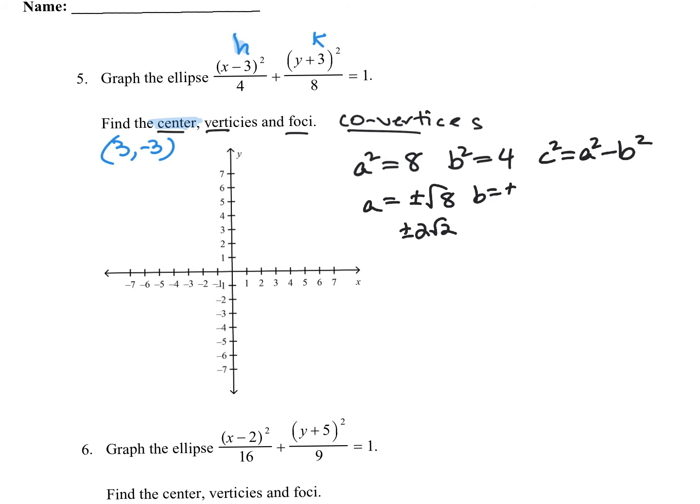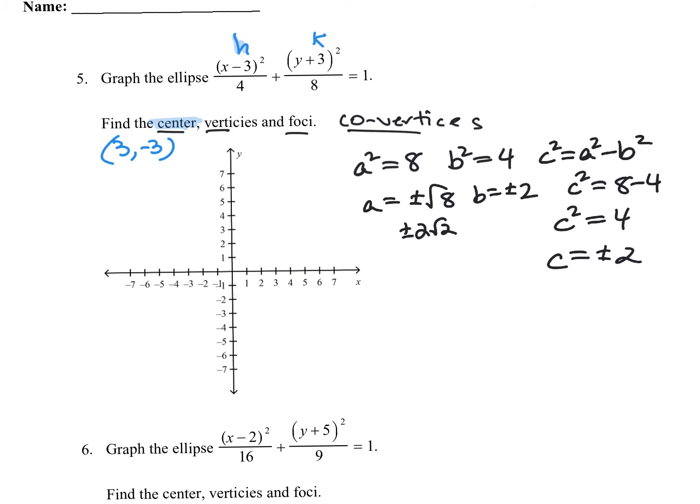B is going to be equal to plus and minus 2. And then for the c squared, let's put it in: 8 minus 4, c squared equals 4. So c equals plus and minus 2. So now let's go ahead and find the missing pieces here.